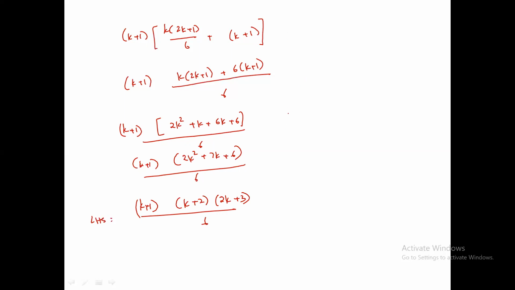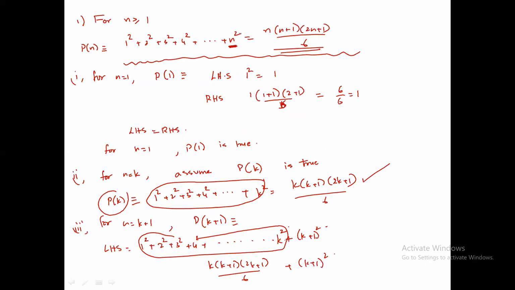Now on the right side also you put n as k plus 1. So what do you have? n, k plus 1; n plus 1, k plus 1 plus 1.